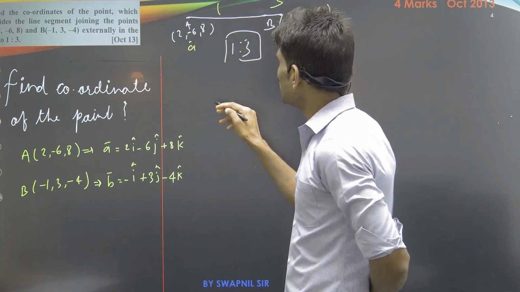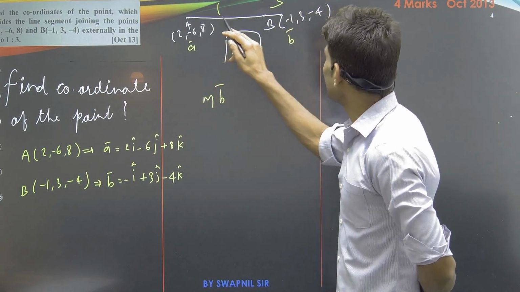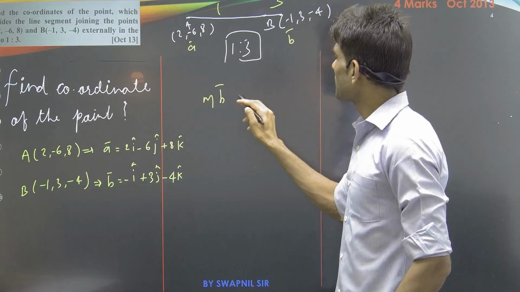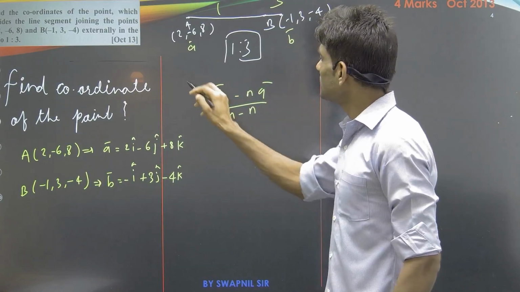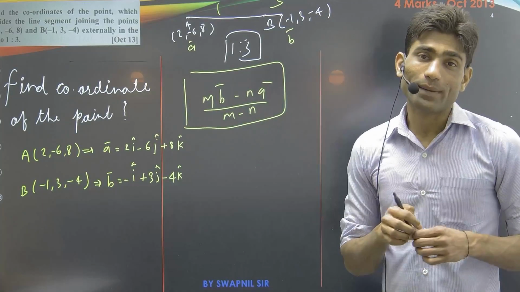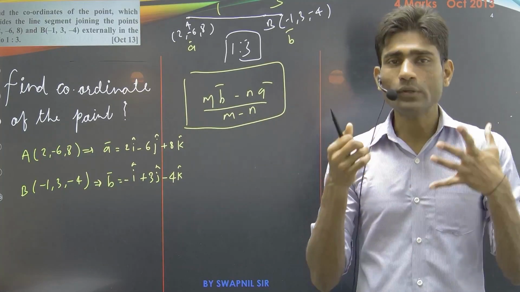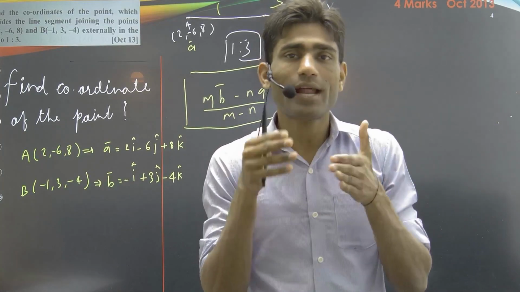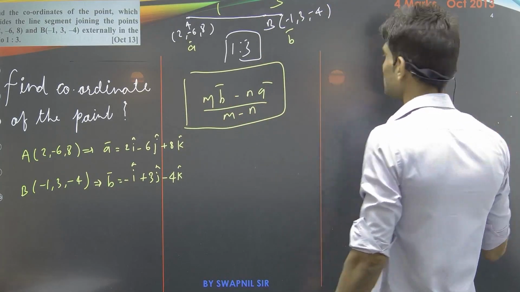The external division formula says m into B bar minus n into A bar, upon m minus n. Now just substitute the values of m and n and the position vectors A and B into the result. Let's go for the substitution.